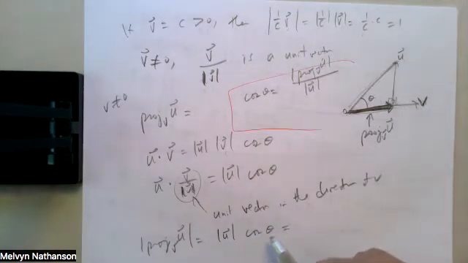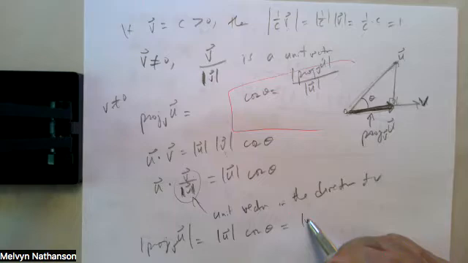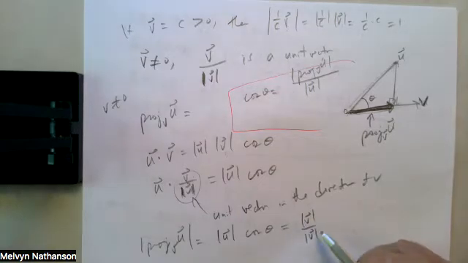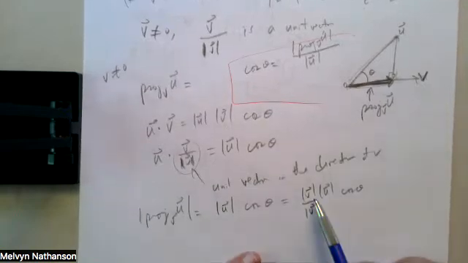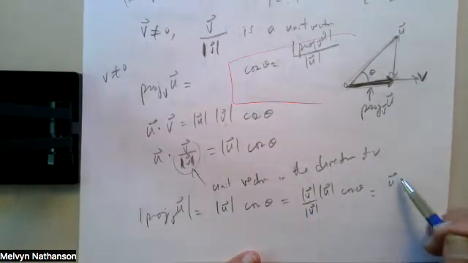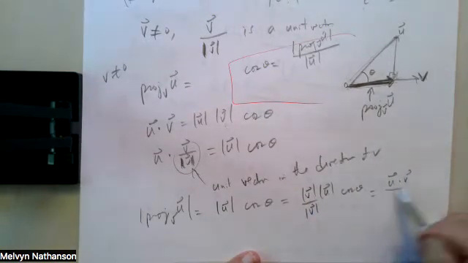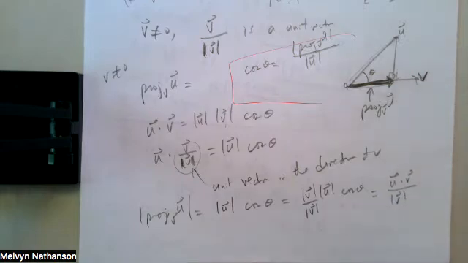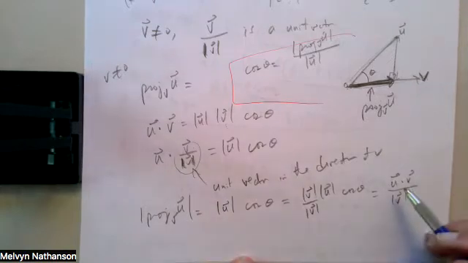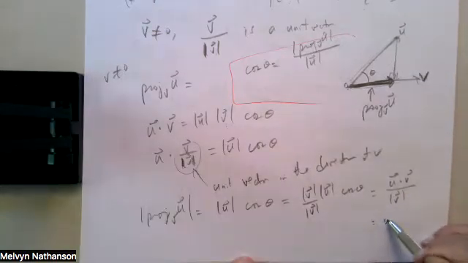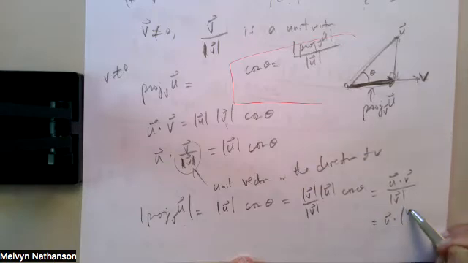Suppose I multiply this by 1. Another way to write this as 1 is the length of v divided by the length of v, times the length of u times the cosine theta. And now what's in the numerator is the dot product of u and v, divided by the length of v. So the magnitude of the projection of u is the dot product of u and this unit vector in the direction of v.